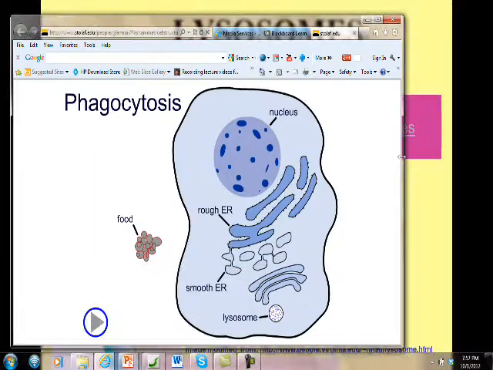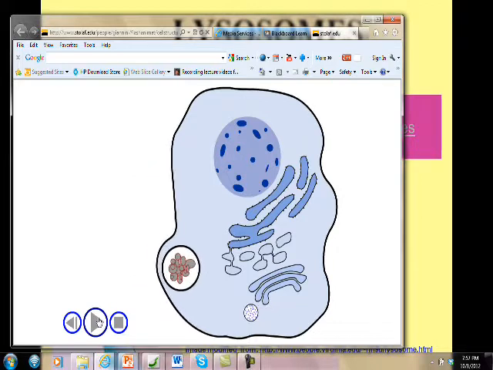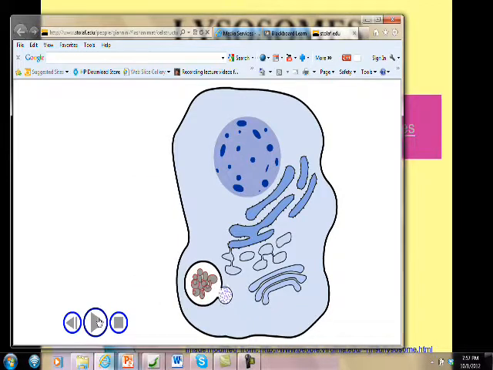So here's my cell. Notice, eukaryotic cell. It's got a nucleus, has some rough ER, Golgi bodies, and now maybe this is a little pond organism of some kind. We're going to watch what happens when this organism reaches out and brings in some little pieces of food. We're going to dump our lysosome containing those digestive enzymes onto that container holding the food.